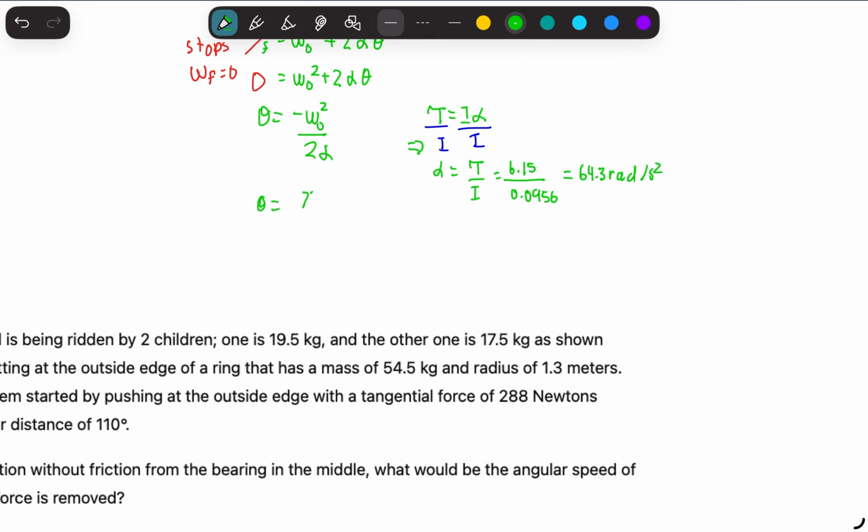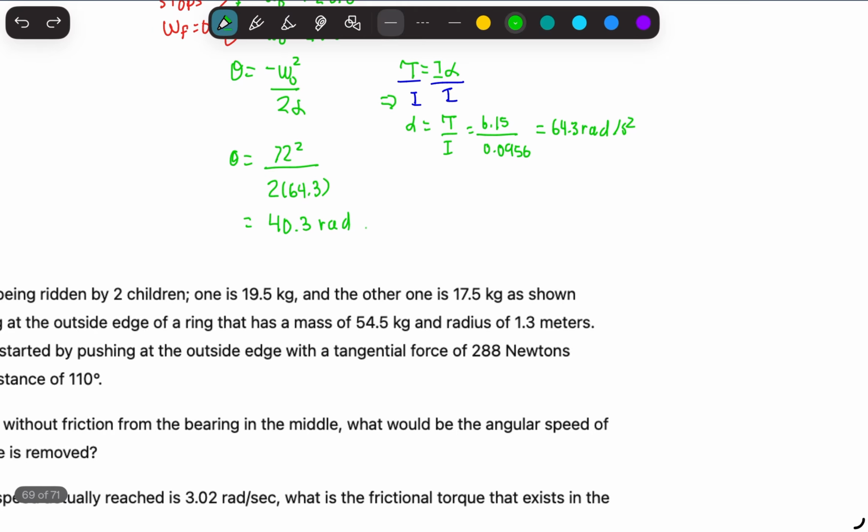That's going to be 72 squared, .3 rad. But we don't want it to be in rad.